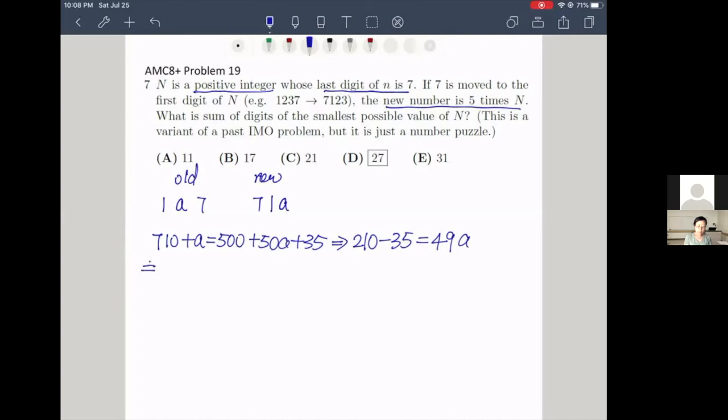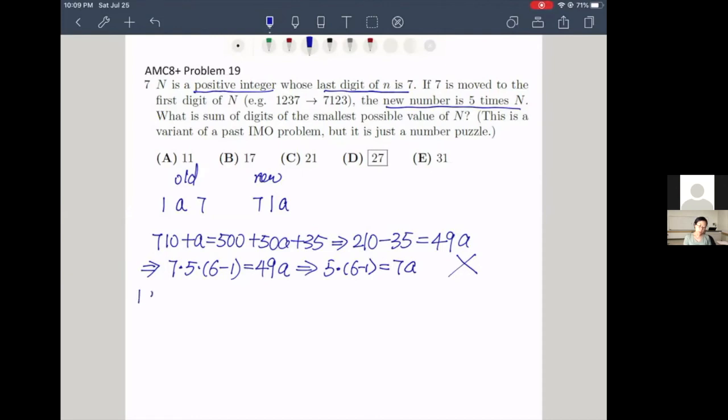Let's simplify a little further. On the left-hand side, we can take 35 out. So we have 7 times 5 times 6 minus 1 equals 49A, which also means 5 times 6 minus 1 equals 7A. The right-hand side is a multiple of 7, but the left-hand side is not. Clearly, one single digit between 1 and 7 does not work.